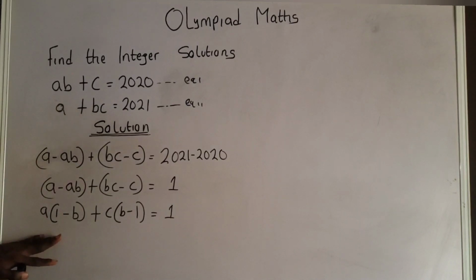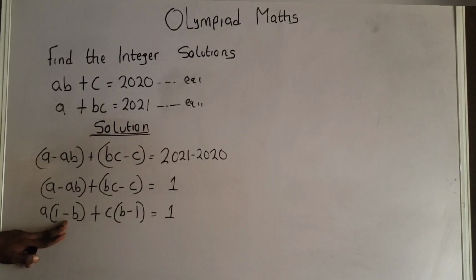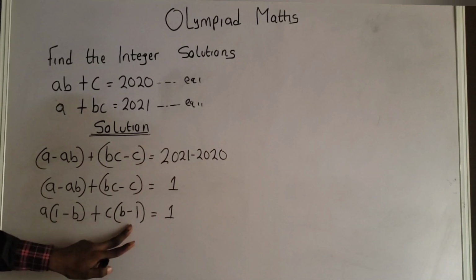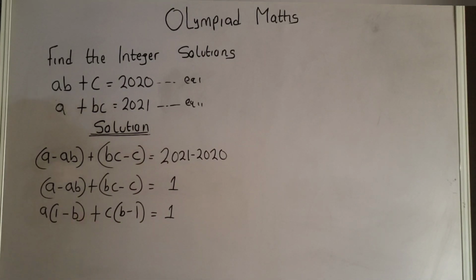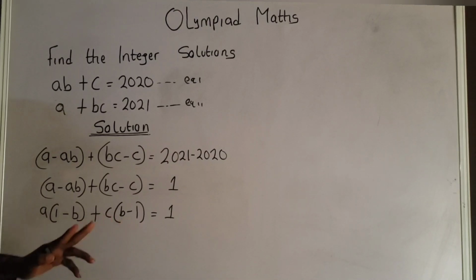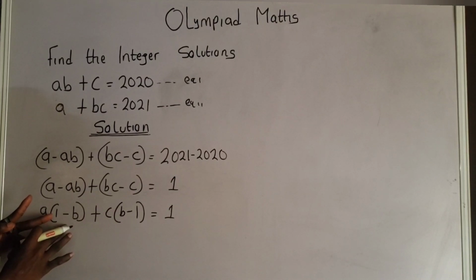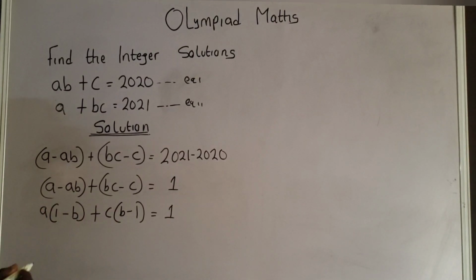As you can see, the content of this bracket is not the same as this one. I want to make 1 - B the same as B - 1, so I will multiply B - 1 by -1.